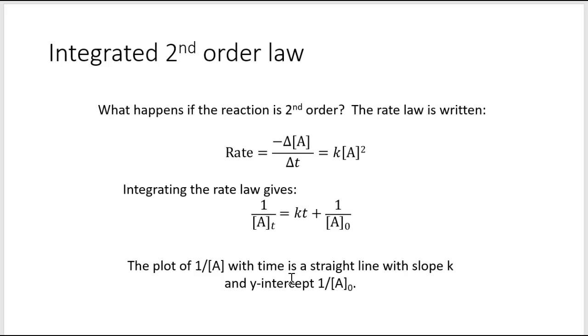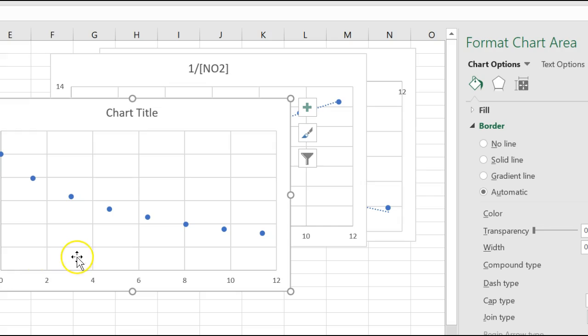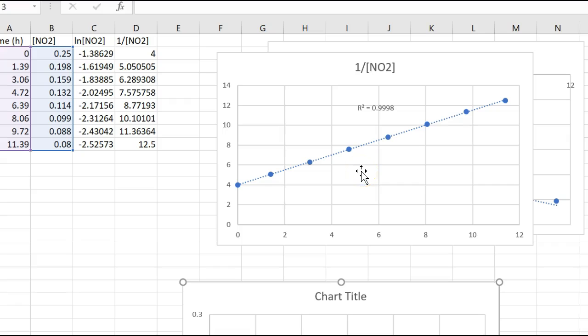Okay, so let's go back and take a look at the example problem that we did in the previous video. You have a linear dependence of 1 over the concentration as a function of time. And then we saw that the slope of this line is equal to the rate constant.